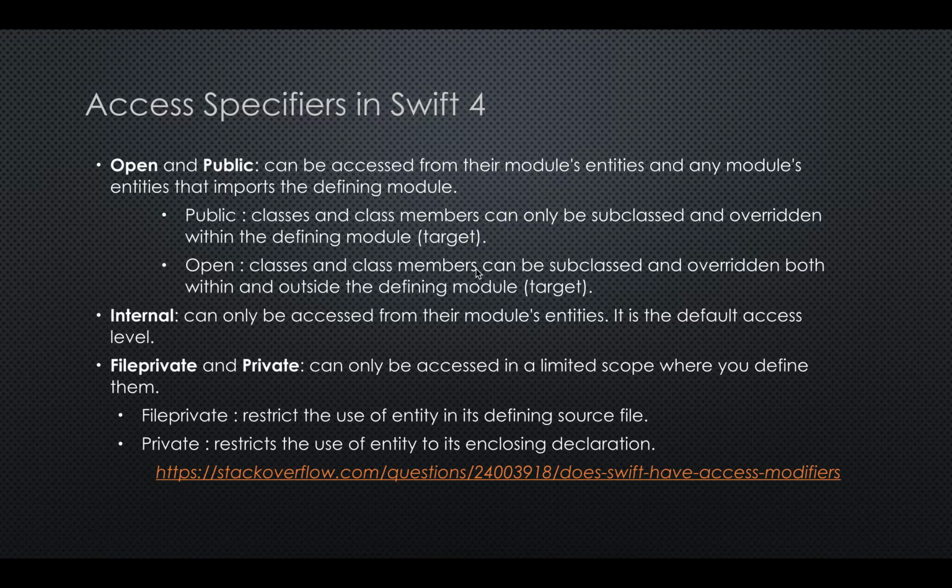When you create something with these access specifiers, it means you want your variable or class to be accessed throughout your module or outside the module as well. Public means it can be subclassed and overridden within the defining module, but open means even more open: it can be subclassed and overridden outside the defining module as well. That is the only difference.